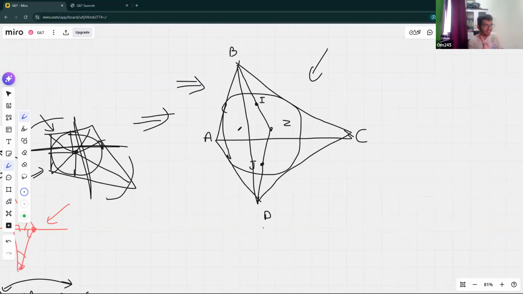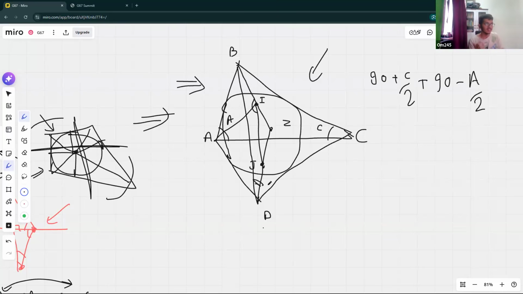Now here is a fact: if you have an incenter, either you work with the angles, but now angles are a bit weird, right? We don't really know this angle, but sure, we can do some angle chasing. What can this angle be equal to? Call this angle C and this angle A. Then you can calculate this as 90 plus C by half plus 90 minus A by half, right?